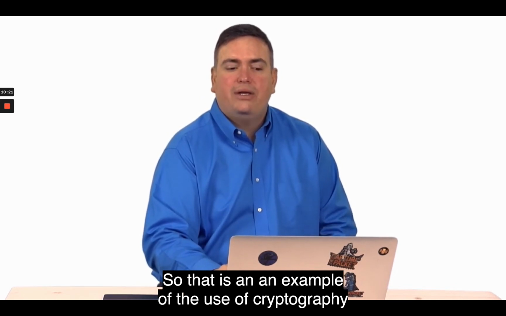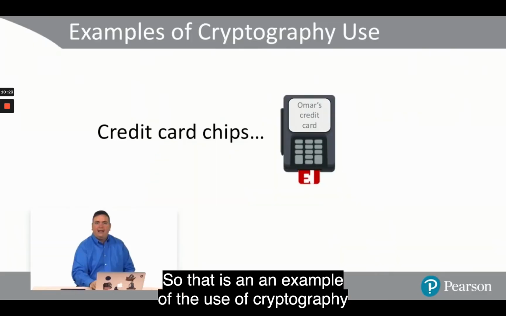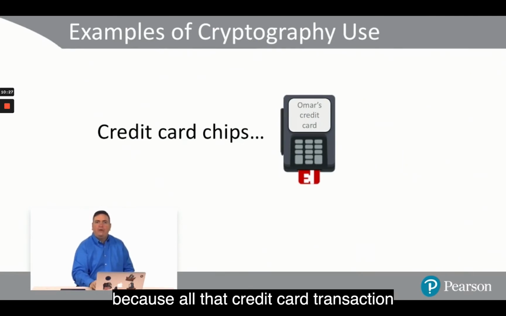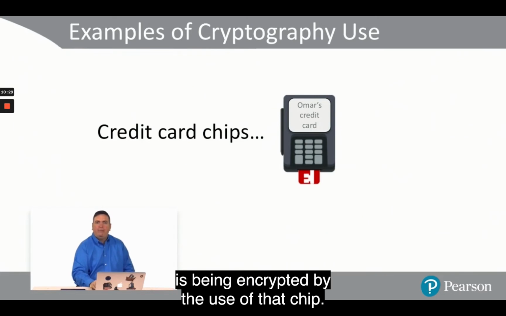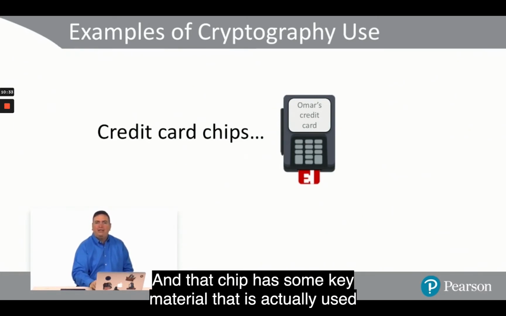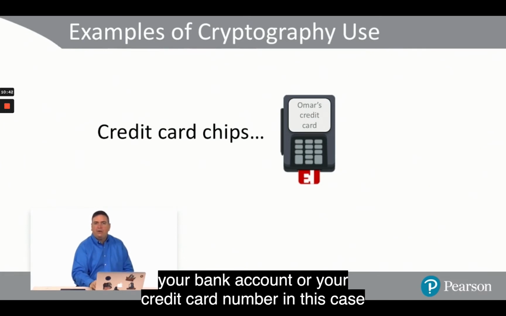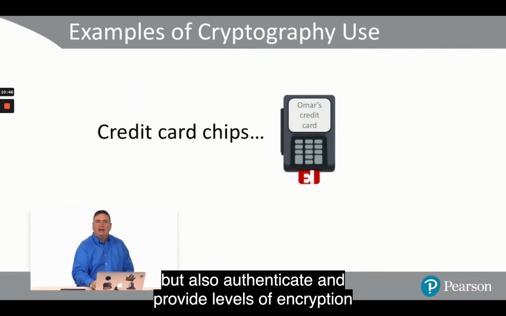So that is an example of the use of cryptography and encryption, because all that credit card transaction is being encrypted by the use of that chip, and that chip has some key material and private information that is used to identify your bank account or your credit card number in this case, but also authenticate and provide levels of encryption to be able to do that transaction.